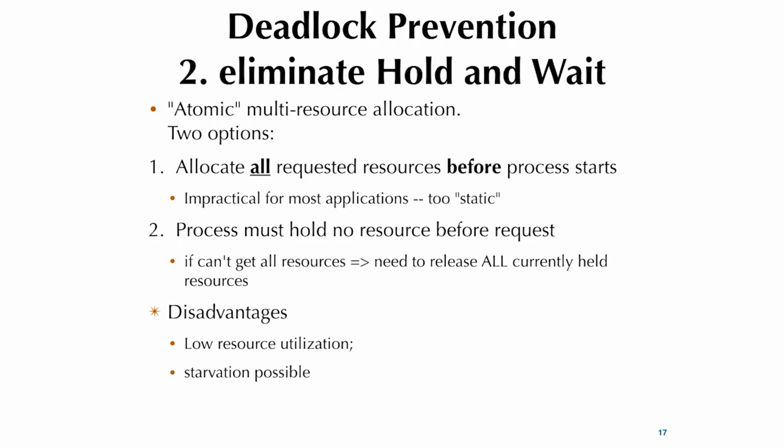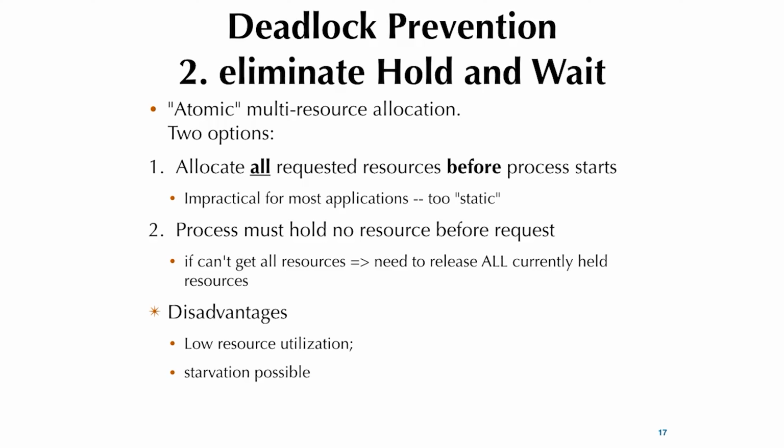But that's a little too restrictive, right? Because resource use inherently is a dynamic type of thing. Especially for something you use temporarily, a little while, and then you give it back, right? That's how you can achieve good utilization. So option 1 is way too restrictive, too static.